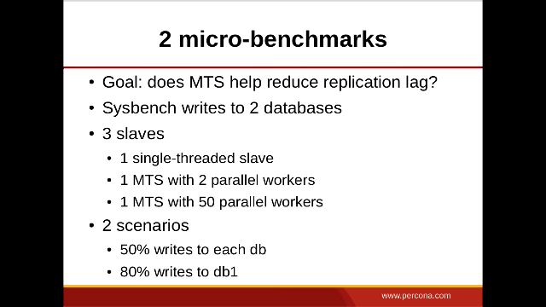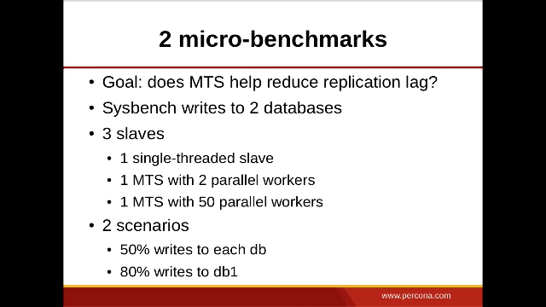The first one is a test where I'm using 2 databases and the master will write equally on each of the databases. And the second test will be a test where one database, say DB1, will get 80% of the writes.